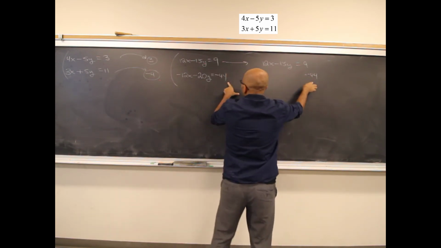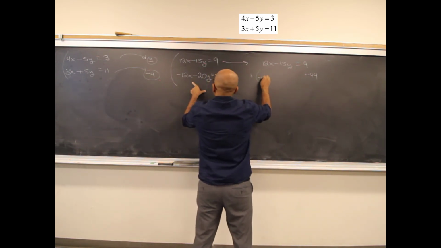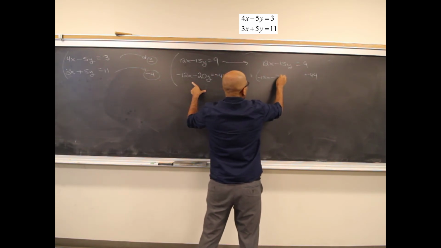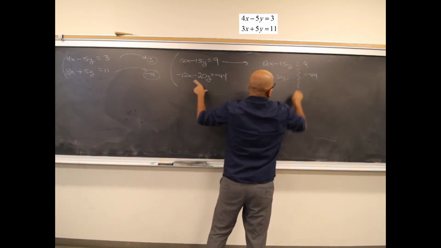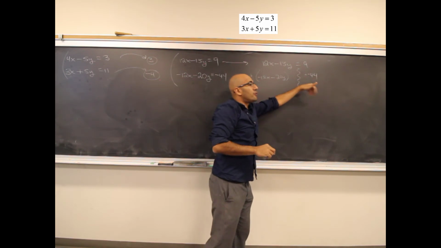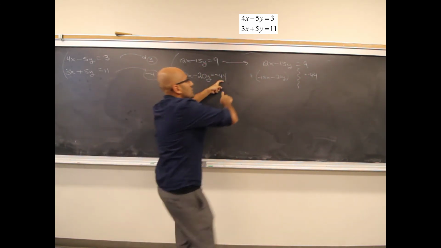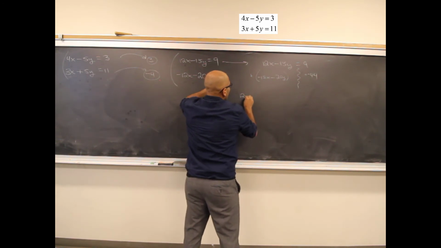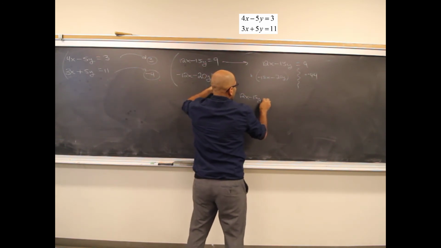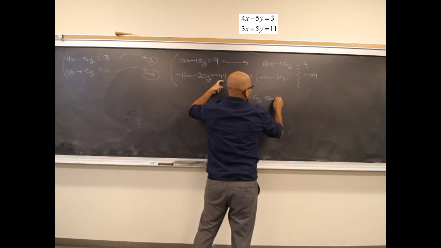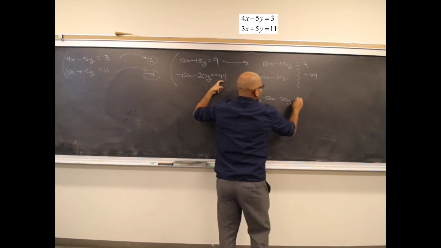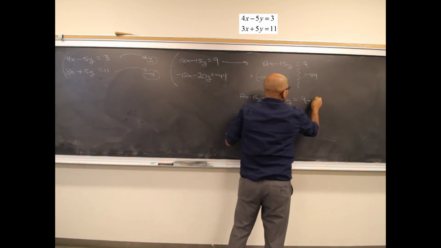So I'm adding negative 44 over there, and I'm adding negative 12x minus 20y over here, right? That's what I'm doing. I'm adding something equal to negative 44 on the other side. So then I end up with 12x minus 15y minus 12x minus 20y equals 9 minus 44.